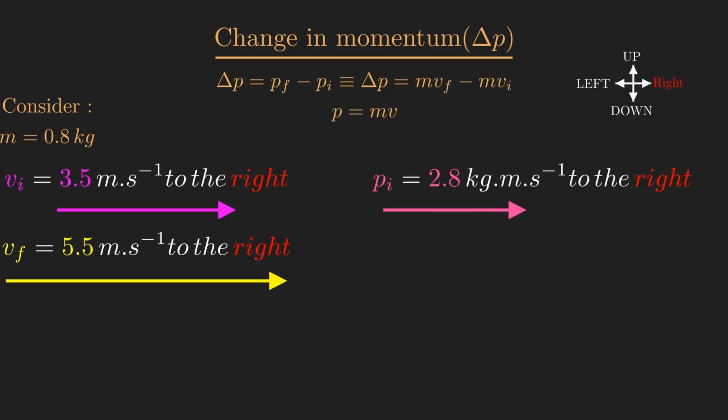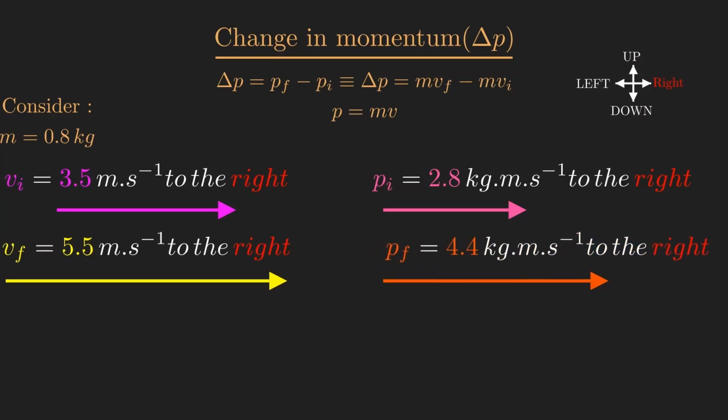That is our initial momentum as a scalar multiple of initial velocity. Similarly, the final momentum is a scalar multiple of final velocity. If the final velocity there is 5.5, then you can scale that by 0.8. That gives us a momentum of 4.4 kilogram meters per second to the right.